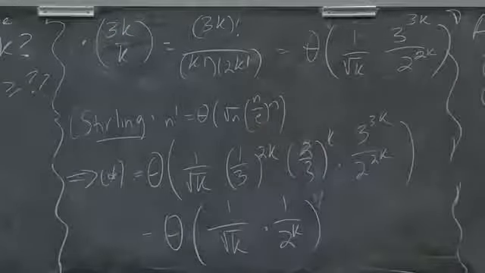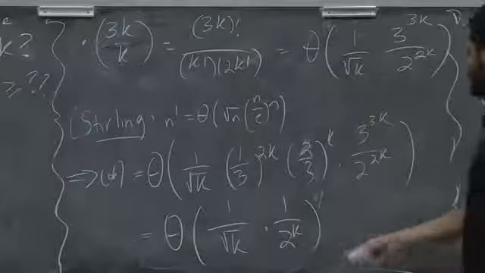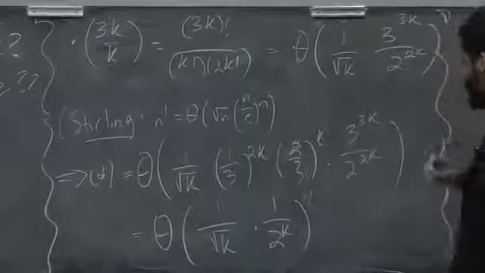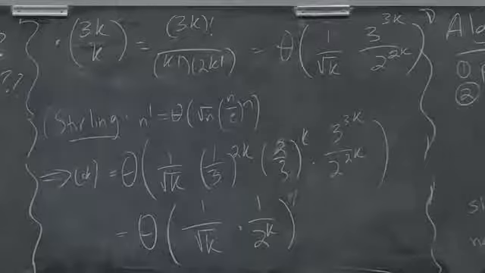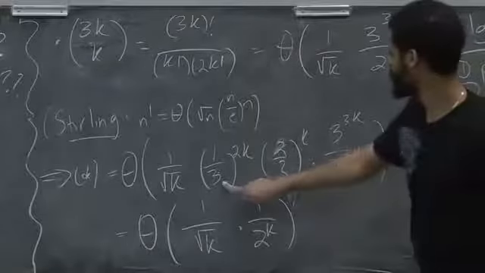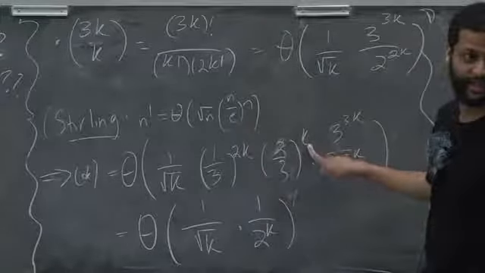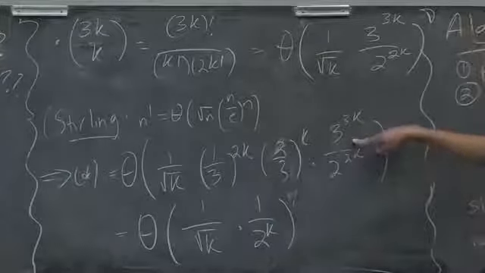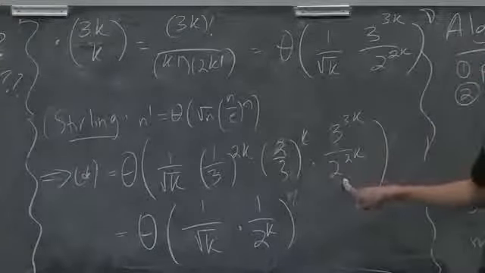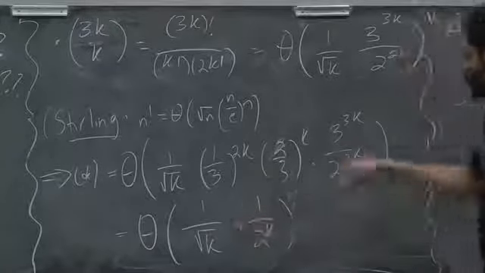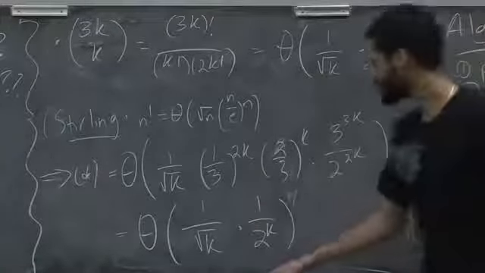Does that look right? Here you have a 3 to the 2k, here you have a 3 to the k, and that completely kills this 3 to the 3k. And then here you have 2 to the k and 2 to the 2k, which makes it 1 over 2 to the k. Okay, great. So this is 1 over root k, 1 over 2 to the k.